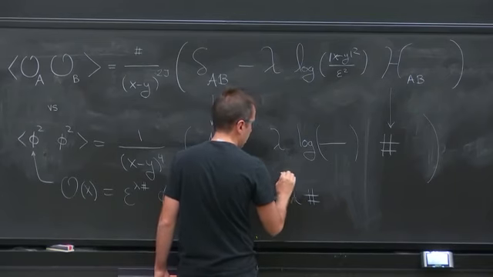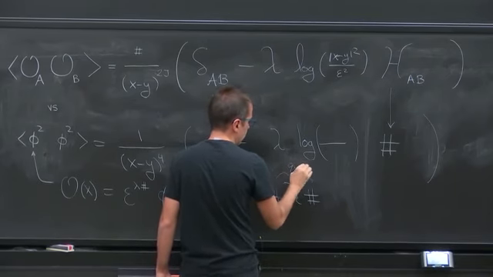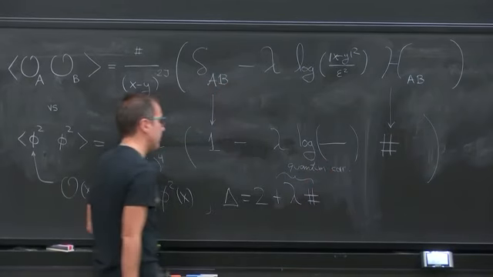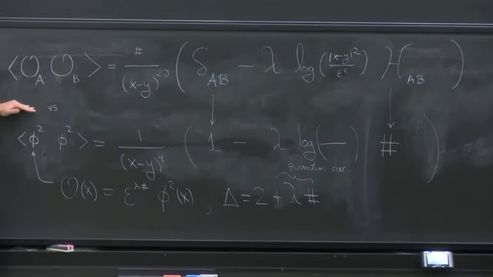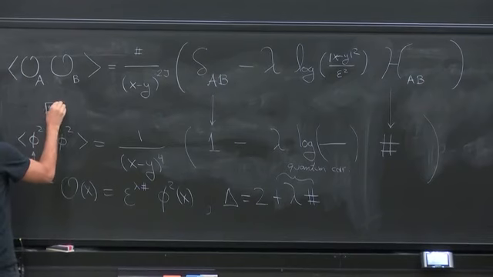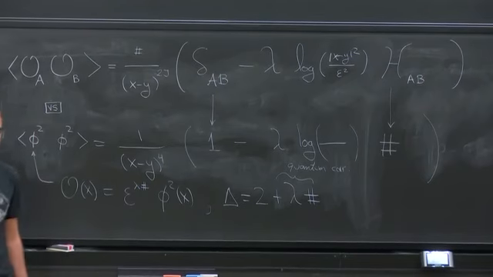And this was the quantum correction to the dimension. Right, so this is what we had before, and this is what we have now, right? So how do we go from what we have now, which is more complicated, to what we had before? What should we do?